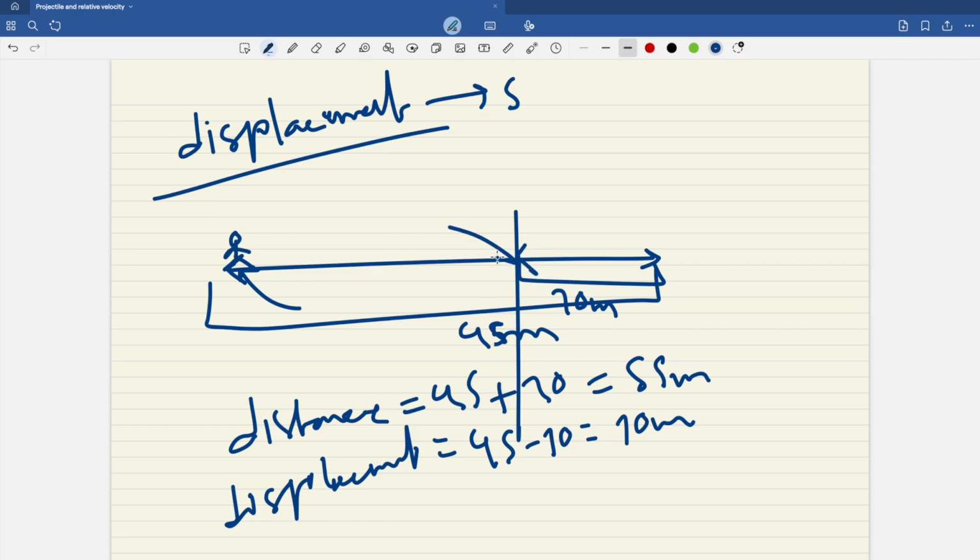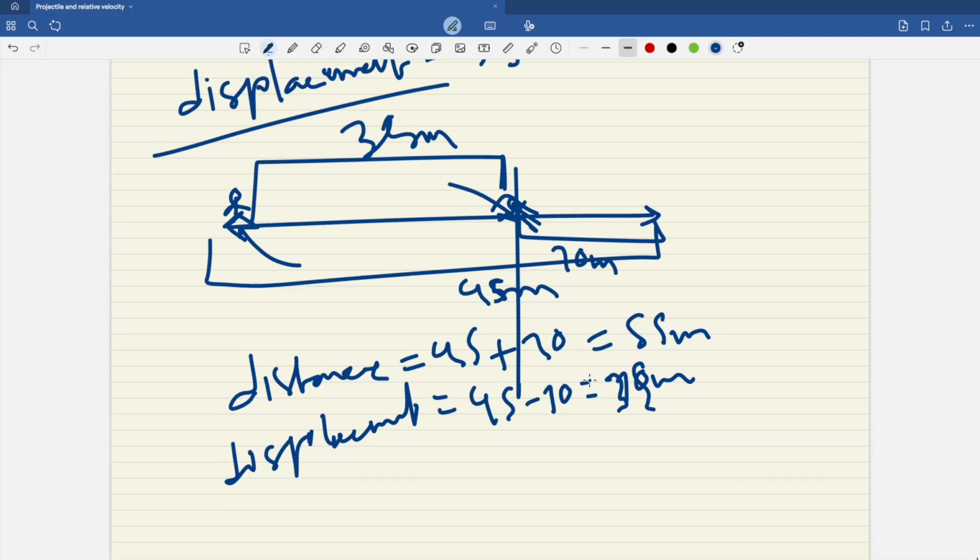He stood here finally, and here the displacement is 35 meters, right? So this is the displacement.